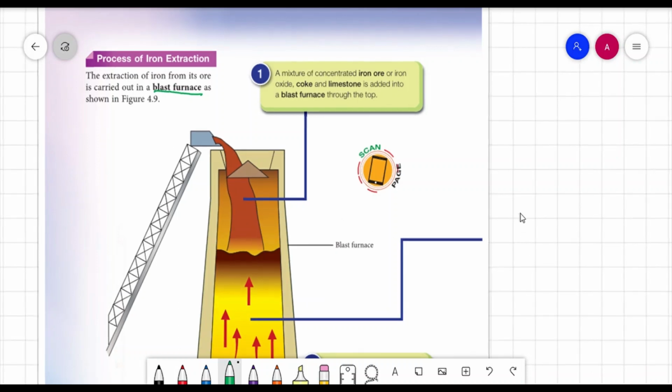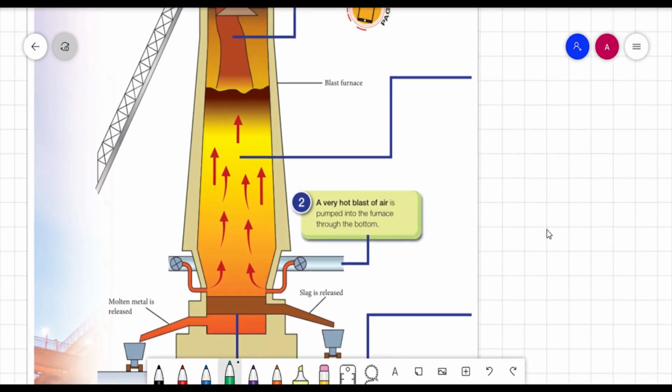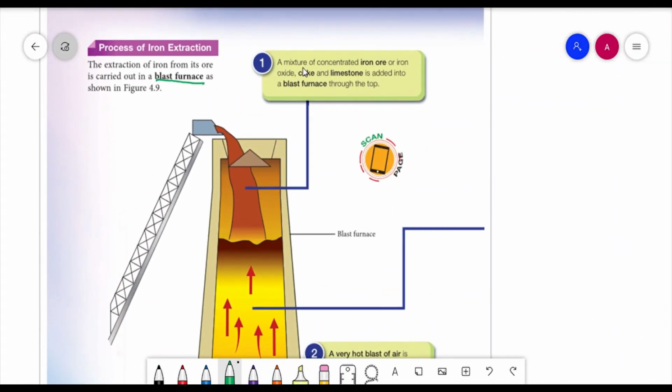So let's see first. A mixture of concentrated iron ore or iron oxide, coke in the form of carbon, limestone in form of calcium carbonate, is added into the blast furnace through the top.